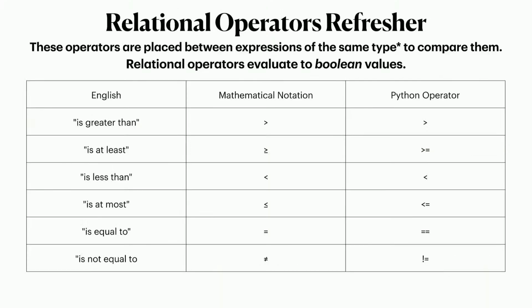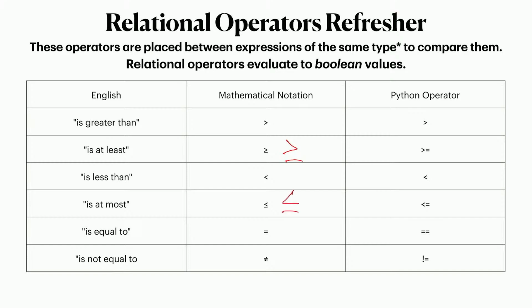As a brief reminder, and we'll see some of these symbols as we're moving forward, you read about these symbols a few weeks ago, for comparing two values. So comparing an integer and an integer, or a float and a float. We call these relational operators because they ask: what is the relationship between two values? You're used to seeing these in mathematical notation, right? So greater than or equal to, less than or equal to, and so on.